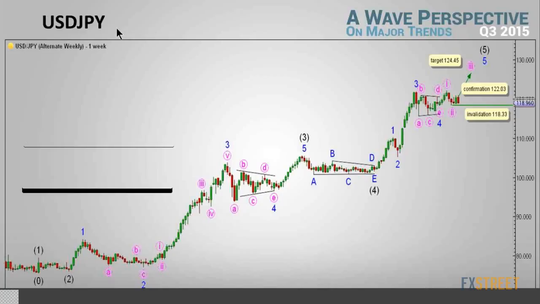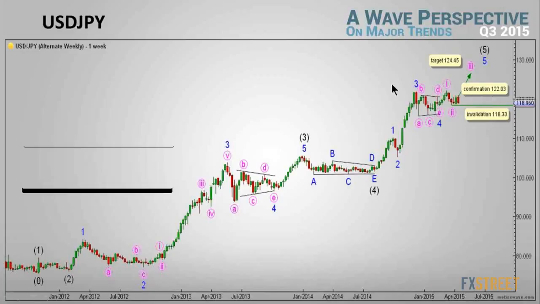The first point is that both main and alternate counts have equal probabilities, and also that we cannot help but notice the affinity of this pair to form triangles, with three visible, well-defined triangles on the weekly chart. The alternate count expected dollar yen to unfold toward the upside to reach 124.45 only if its confirmation point was reached at 122.03.